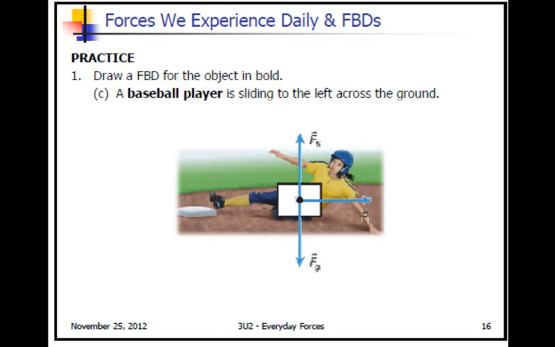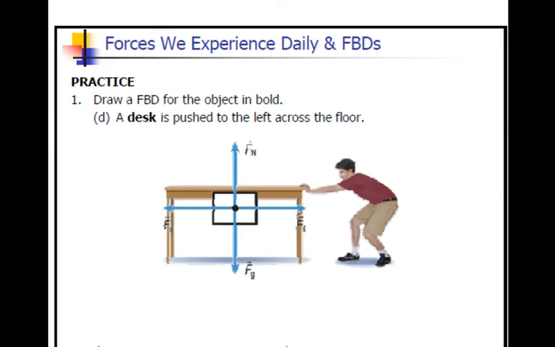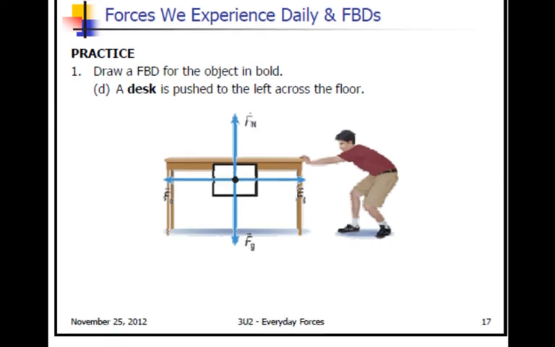They are only experiencing a frictional force slowing them down. And they also have a gravitational and a normal force as well. Here's one with a desk that's being pushed across the floor. There is an applied force, a friction force, a normal force, and a force of gravity on that one.